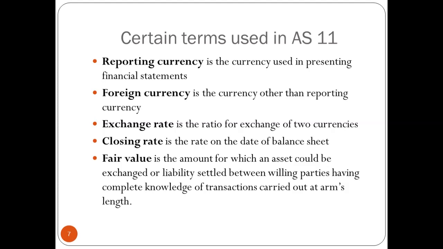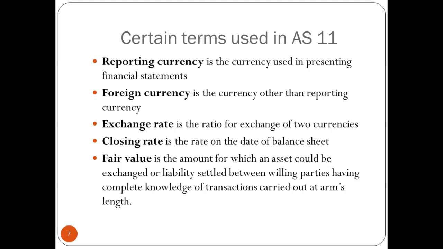When an Indian company prepares its financial statements in Indian rupees, it's called as a reporting currency. And what is a foreign currency? It is a currency other than reporting currency.